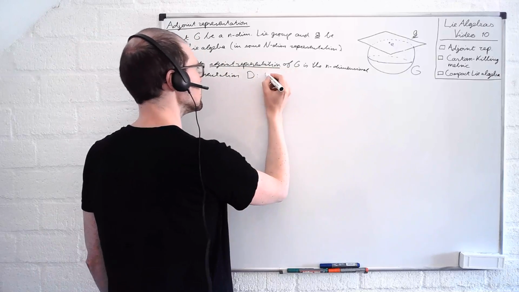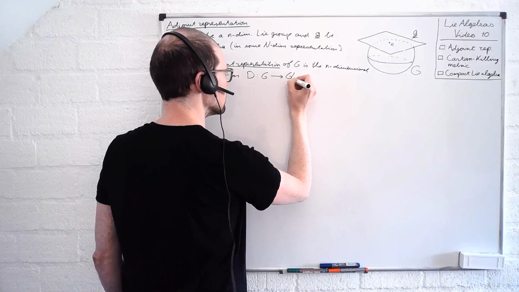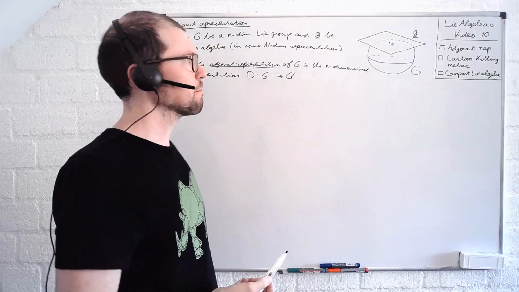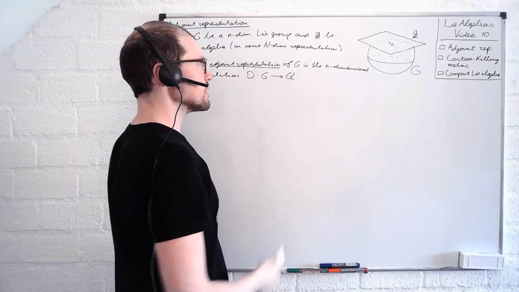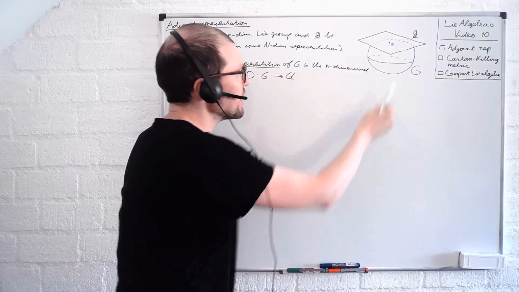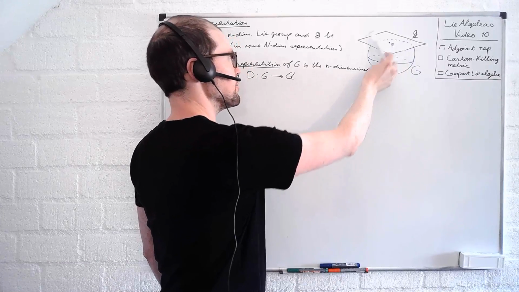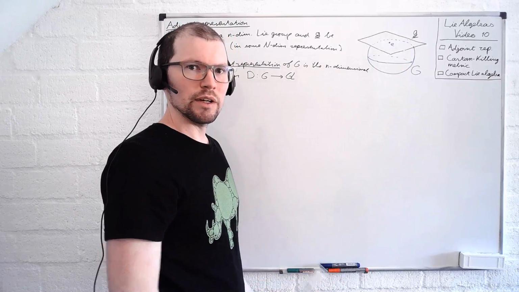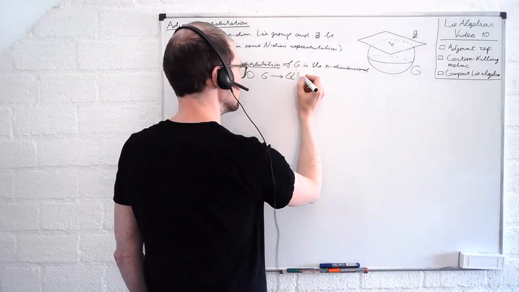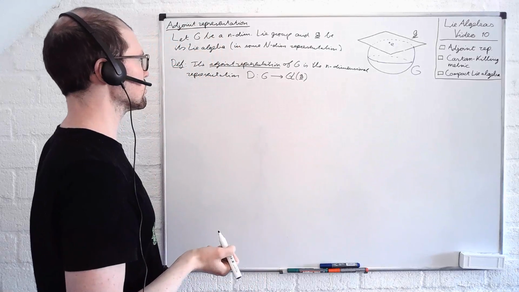Let's call it D, so it should be some mapping from the group to general linear transformations of an n-dimensional vector space. The nice thing about the adjoint representation is that it uses a vector space that is readily available to us, and that is the Lie algebra itself. Remember, the Lie algebra lives on the tangent space of the Lie group, and therefore has the same dimension as the Lie group. So these will be general linear transformations on the Lie algebra itself.